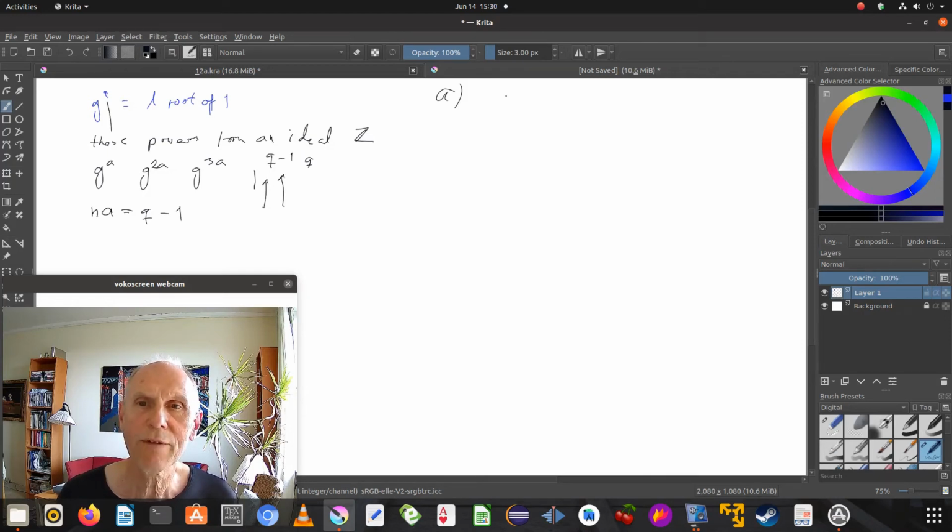Now, we may have one Lth root of a. So assume that x to the Lth equals a. Then all the roots of unity, the L roots of unity, are also Lth roots of a.